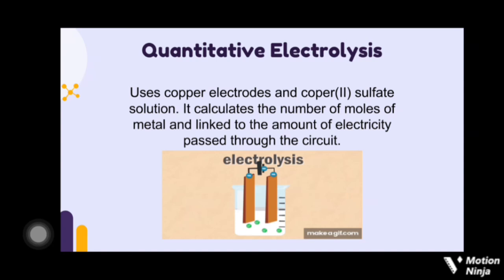Next, sample number 2. Predict if Zn2 plus can oxidize Fe2 plus or Mg2 plus. Calculate E naught for each reaction.